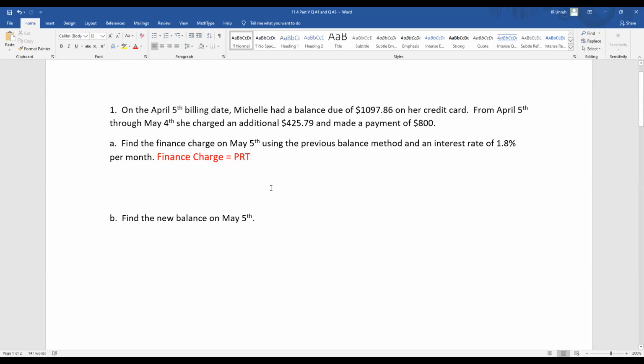So what I'm going to do is take the $1,097.86. I'm going to multiply that times my rate, which converted to a decimal will be 0.018. And I'm just going to add in here times one.